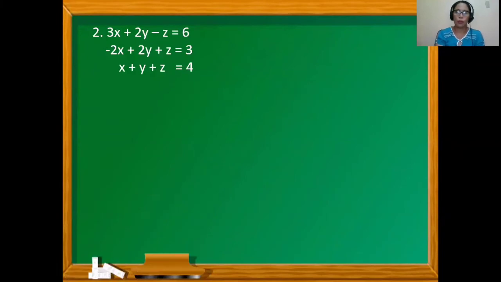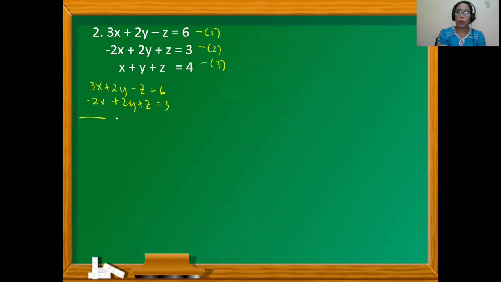So for number 2, we can eliminate z. This will be our first equation, second, and then third. Working on the first two equations, we have 3x plus 2y minus z equals 6, and negative 2x plus 2y plus z equals 3.